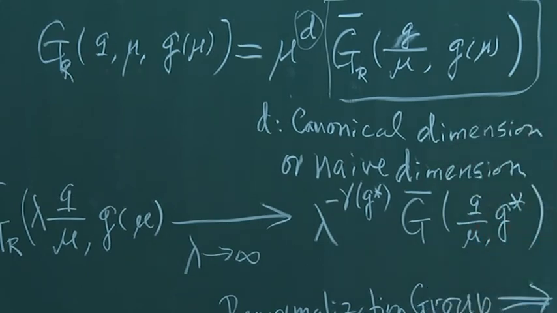So these logarithms will reorganize themselves into some power behavior. And this power depends on the fixed point I mentioned before. And this is when g star is not equal to 0. Then there is the non-trivial fixed point.